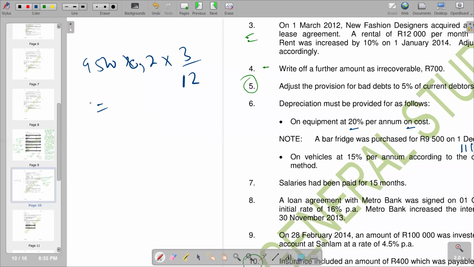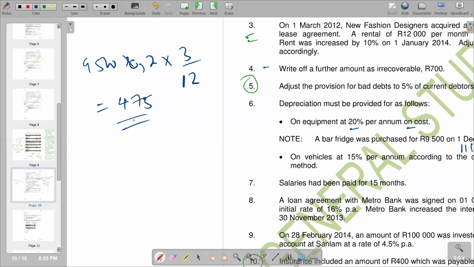You're saying 9,500, and then we multiply by 0.2, and then we multiply by 3/12. Then we're going to get 475. So this is what we have.